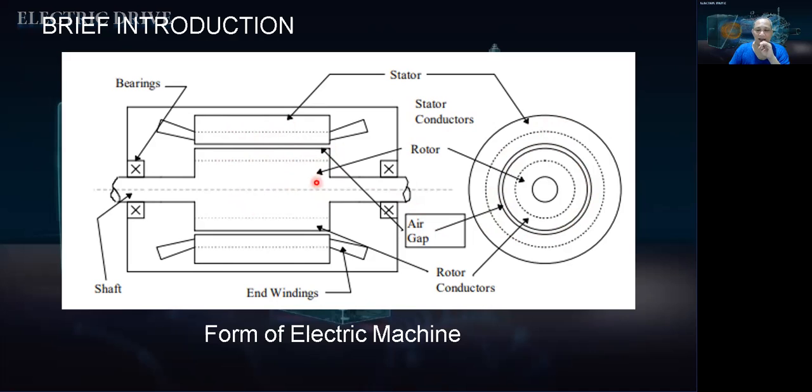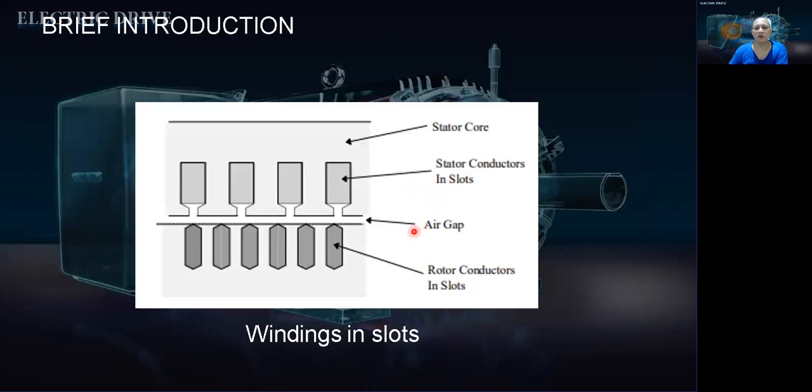This is where the energy is pulled in, and that's how it can later create torque. There is winding here, winding and winding, and there are some conductors also. And this is the shaft connected to an external load. When we talk about the stator and rotor, they are actually electromagnets, if not magnets.